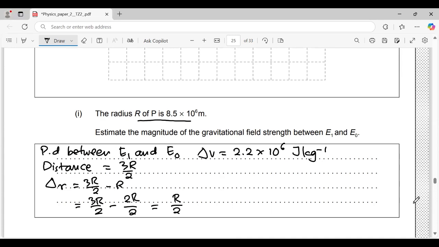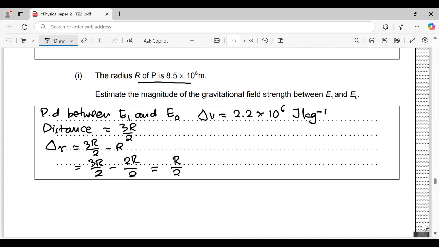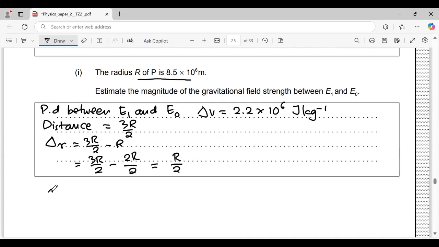Next. The gravitational field strength g equals delta phi over delta r.